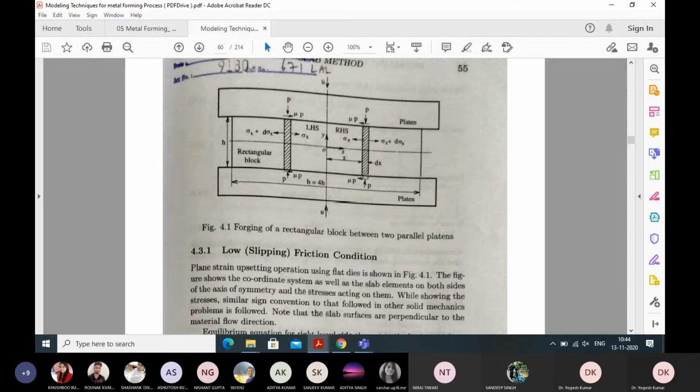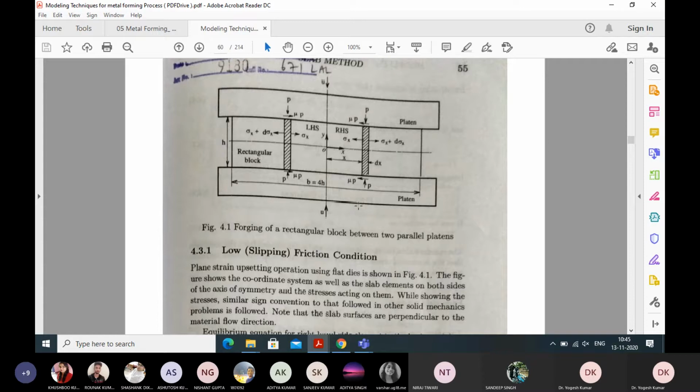Okay, and now we know that there are stresses P, mu P, sigma x plus d sigma x. All these stresses are acting on your strip.